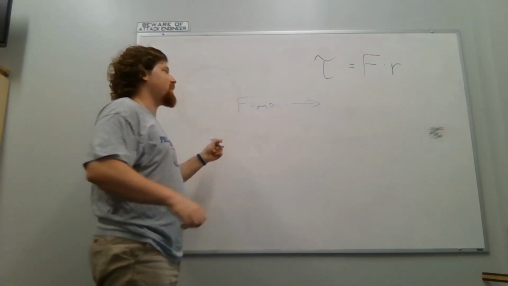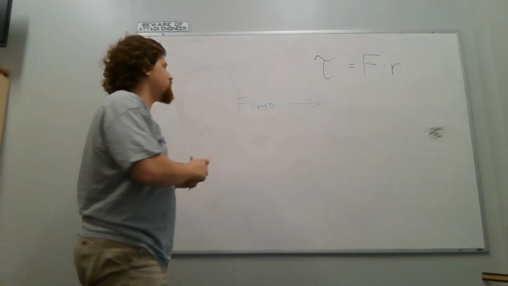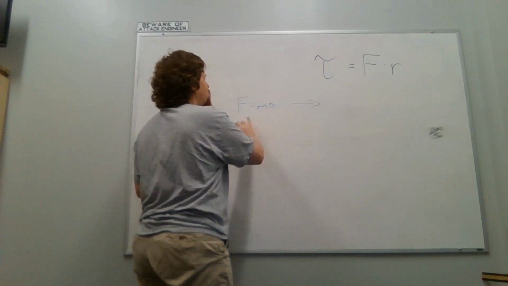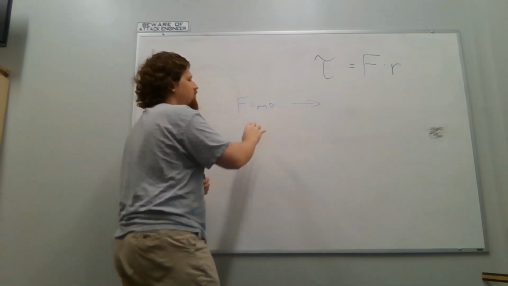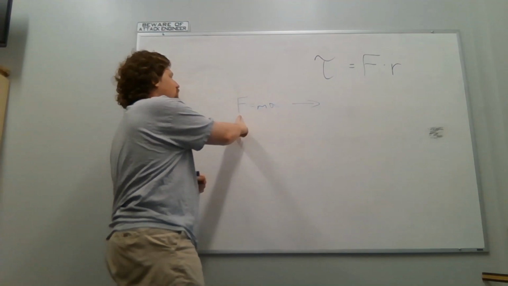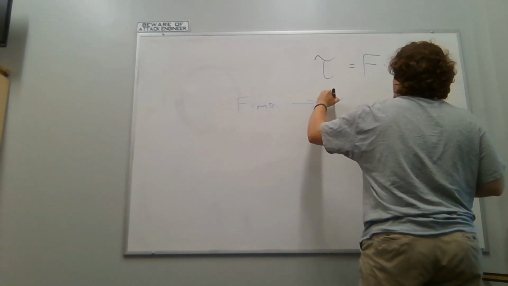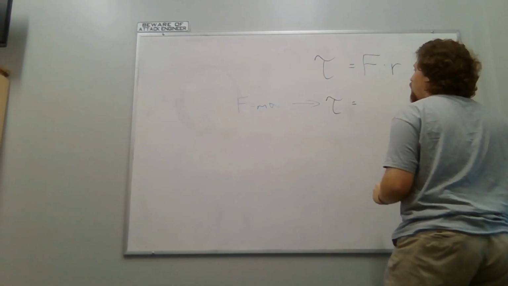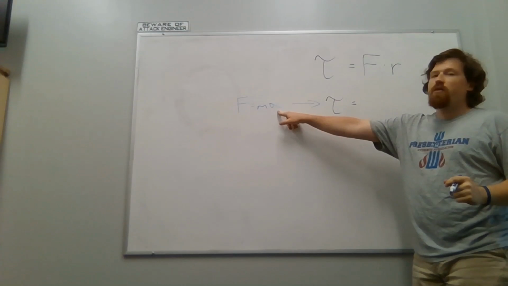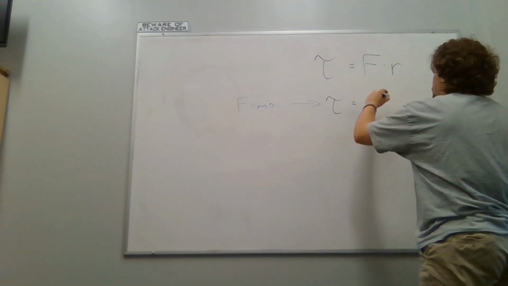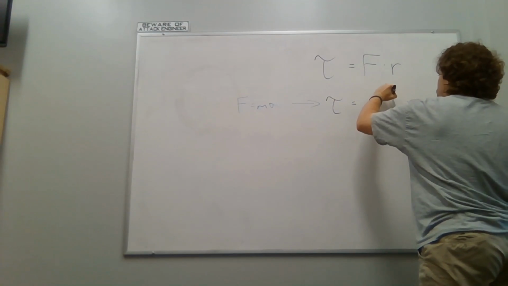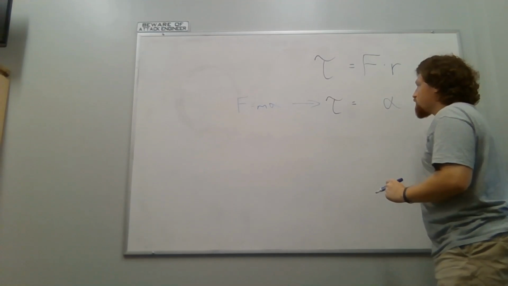So, the second torque formula is going to be the angular counterpart to this formula. Now, the angular counterpart to force is torque, so we're going to replace that F with our T. The angular counterpart to acceleration, to linear acceleration, is angular acceleration, which looks like a fish.